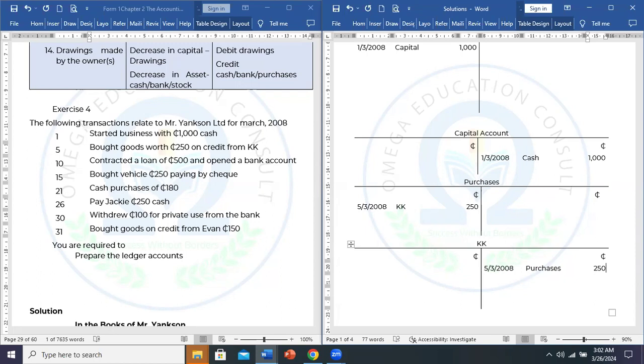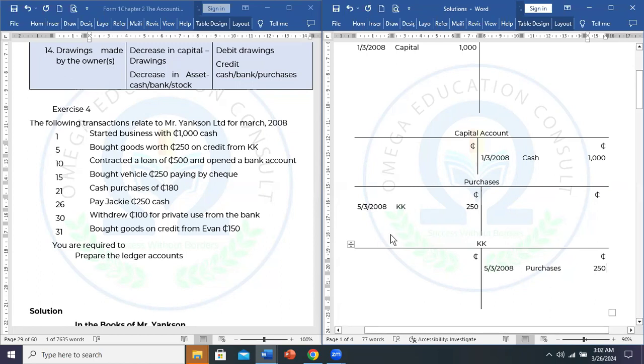In terms of the effect, when you buy goods, stock increases, an asset increases, so you debit the purchases account. Then the corresponding credit goes into the creditor's account because we didn't pay. If we had paid with cash or check, we would have credited cash or bank.